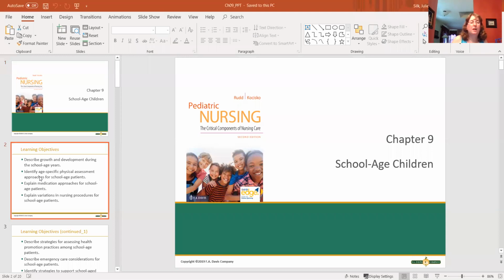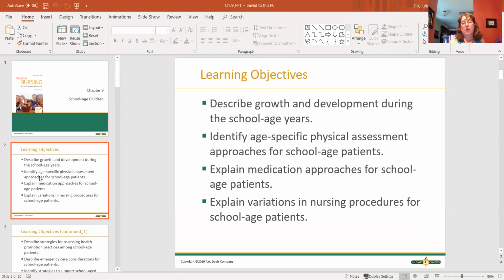All right, so in this chapter, we are going to describe growth and development during the school-age years. We're going to identify age-specific physical assessment approaches for school-age patients, explain medical approaches for school-age patients, explain variations in nursing procedures for them.